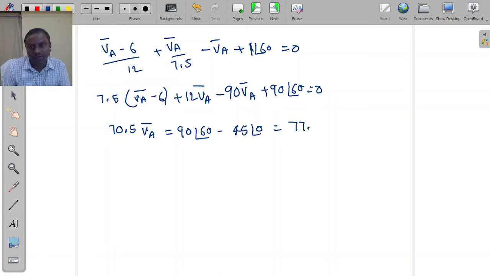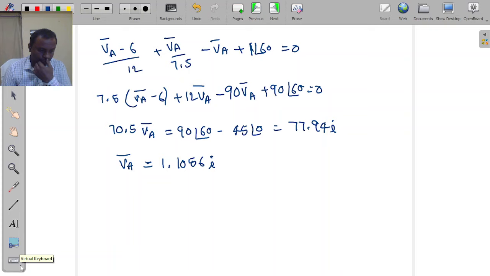That will become 77.94 J. So VA is 1.1056 J. Or we can say that when you approximate, this will become 1.11 angle 90 degrees.